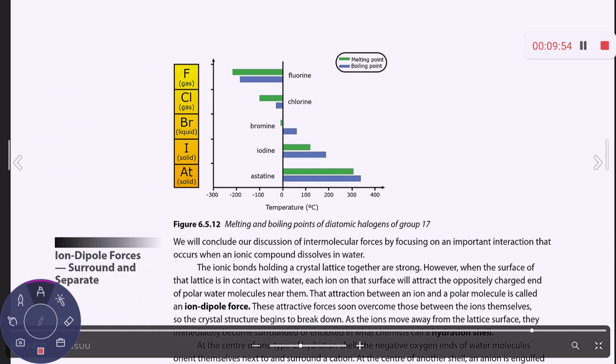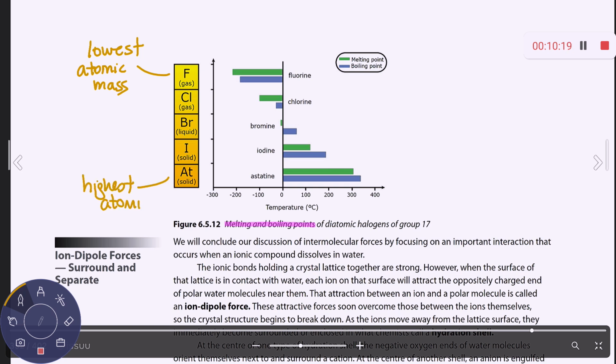Okay. Over here, they're showing you the difference in melting points and boiling points of diatomic elements on the periodic table. And the reason why they're showing you this is because fluorine would have the lowest atomic mass, and then astatine would have the highest.